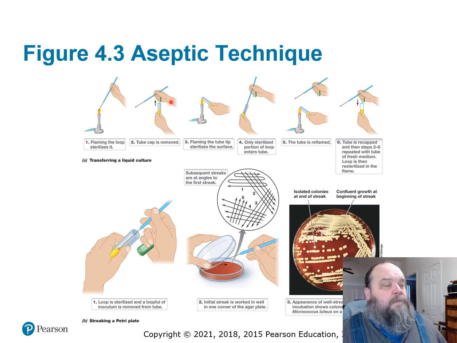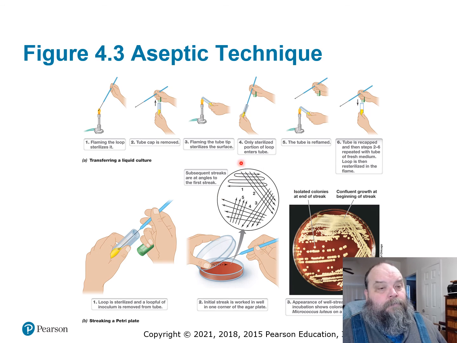You can now dip it into stuff, move stuff around. As long as you maintain not touching the loop to anything else, not touching the loop to you, not touching down into the tube and whatnot, you are maintaining an aseptic technique. You are maintaining a level of sterility.